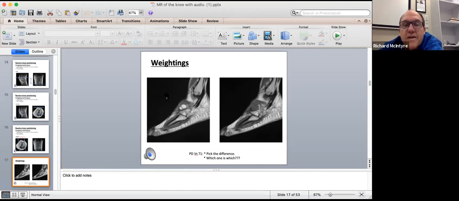Proton densities are really dependent on the TR and the TE that they use. When I was first learning about MR, I saw an MSK and the fluid was bright, and then I'd see the brain, PD, and the fluid's dark.